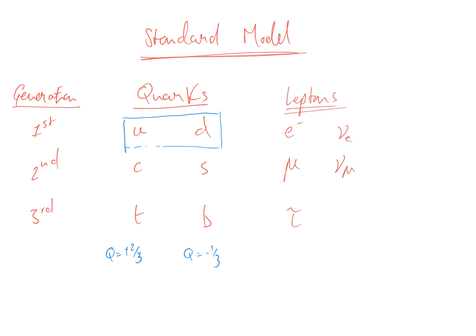Third generation is the tau and the tau neutrino. All of them have a charge of -1, sorry, I should have written that. And all the neutrinos have a charge of 0. Once again, these are the only ones we'll be interested in. So there we have it. That is the standard model.